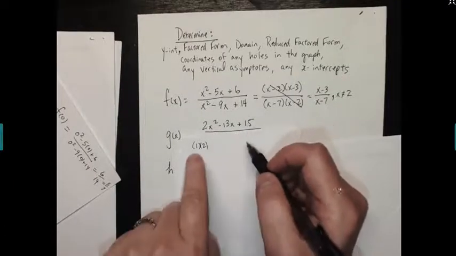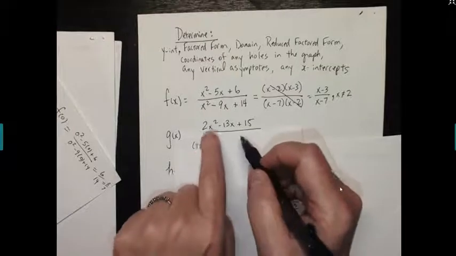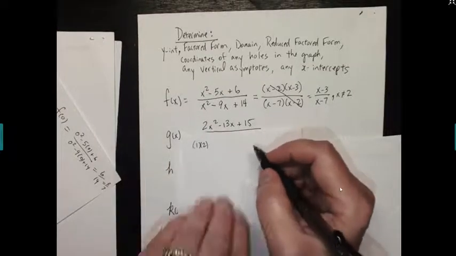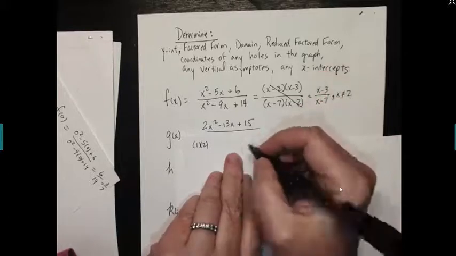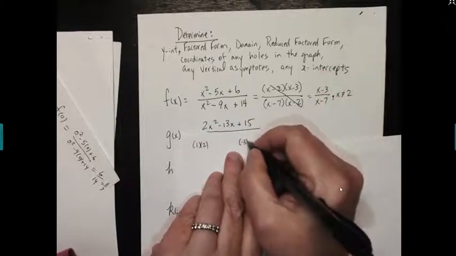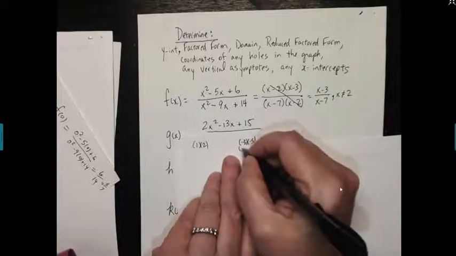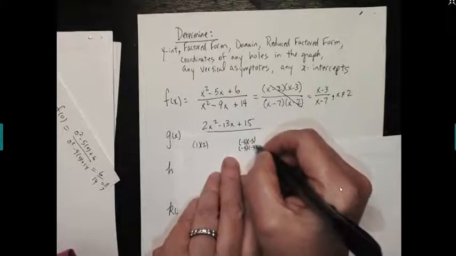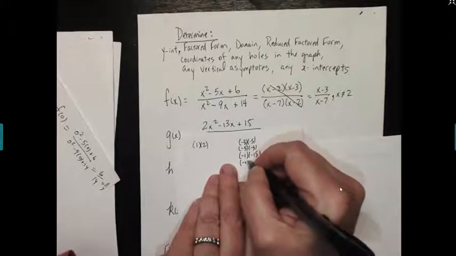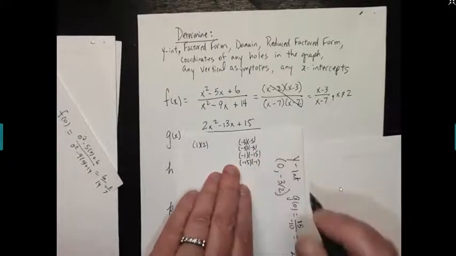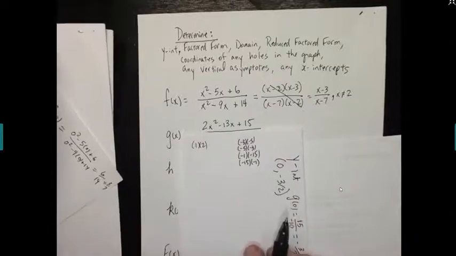If both of them are positive, then when I try every possibility, everything will be a plus sign. So what could I have for positive 15 where both of them are negative? I could have negative 3 and negative 5, or negative 5 and negative 3, or negative 1 and negative 15, or negative 15 and negative 1. Let's see which ones work.